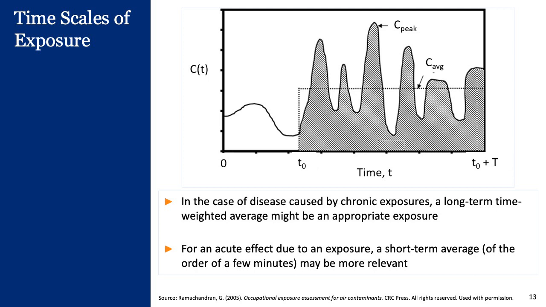We really need to know what is the average for that day. Or sometimes we don't even need to know the average for that day. We need to know the average over a year or even like 5 years. So that's what we really are interested in. But if we are interested in an acute effect, then we really are interested in the minute-to-minute variability in the exposures. We are interested in the peak exposures because that might have something to do with your adverse effect.